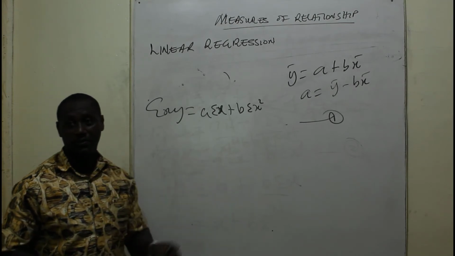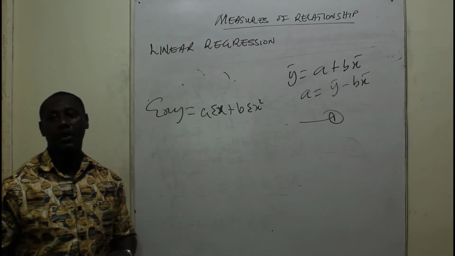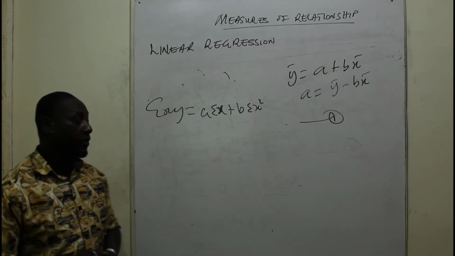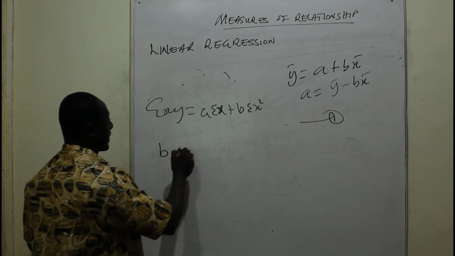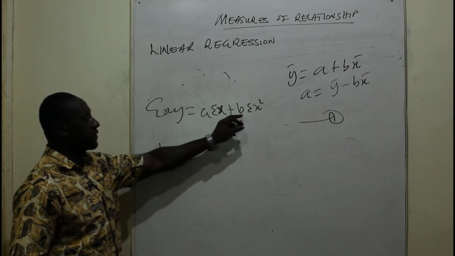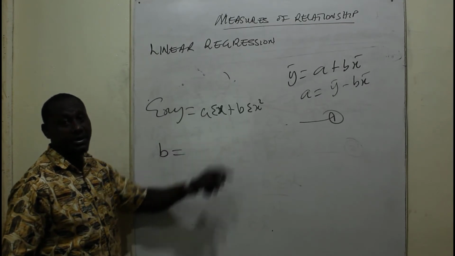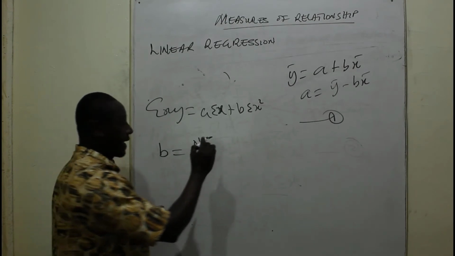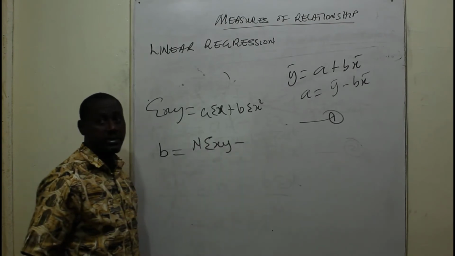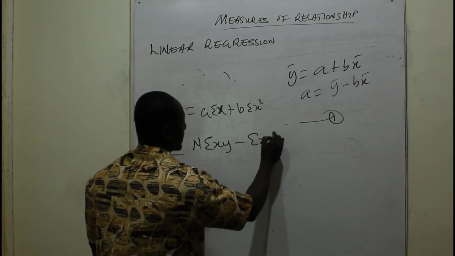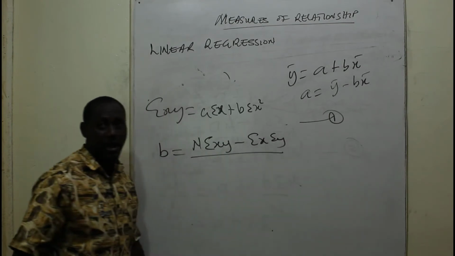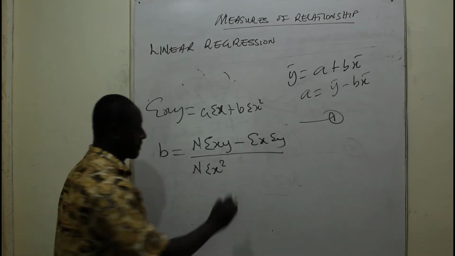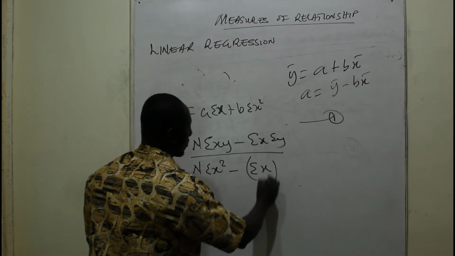If you make b the subject, then b is n times summation of xy minus summation of x times summation of y, divided by n times summation of x squared minus summation of x all squared.